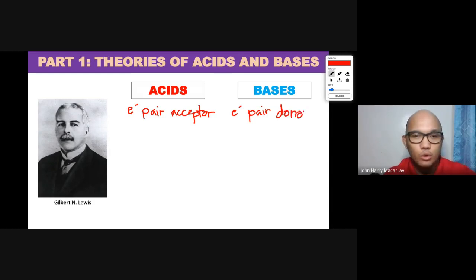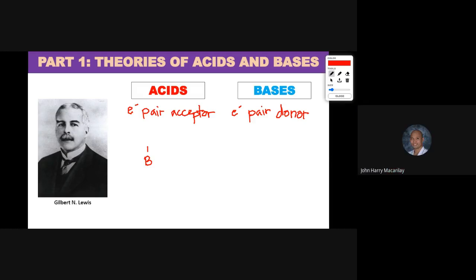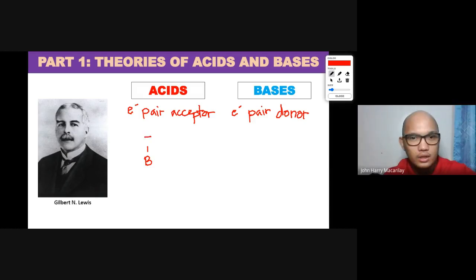So a very good example would be between your boron trifluoride and your ammonia. Which is your Lewis acid here and your Lewis base?